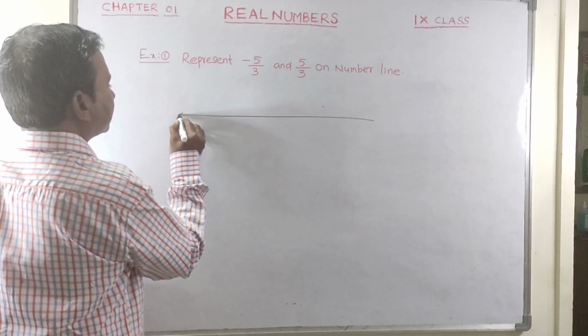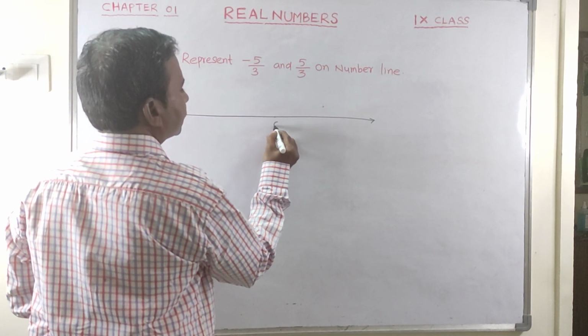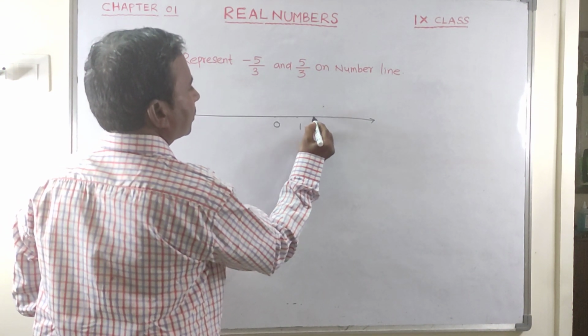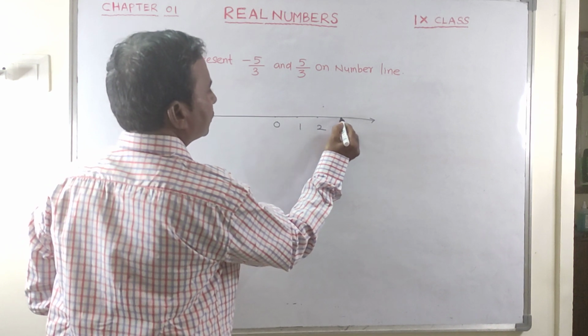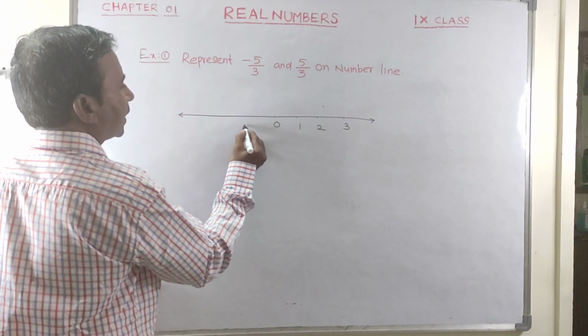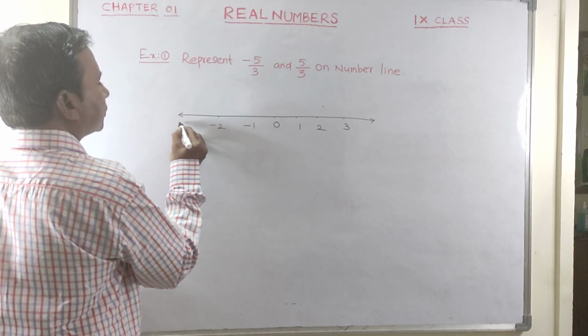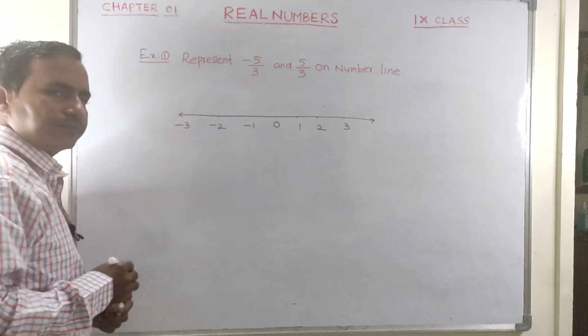like this. 0 on the positive side, 1, 2, 3, so on like this. On the negative side, minus 1, minus 2, minus 3.